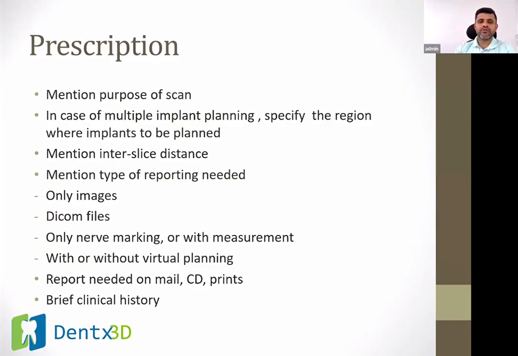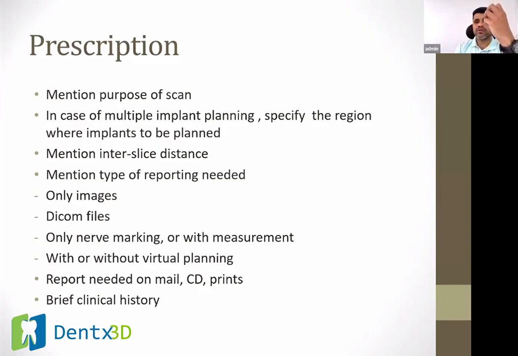So we can tell the center what we want, 1 mm, 2 mm. We can also specify the format we want, that is clean images, with measurements, with planning, right? With nerve marking or without nerve marking. We want a report in CD format, mail format, or printed format. All these things will help you in getting a better report.